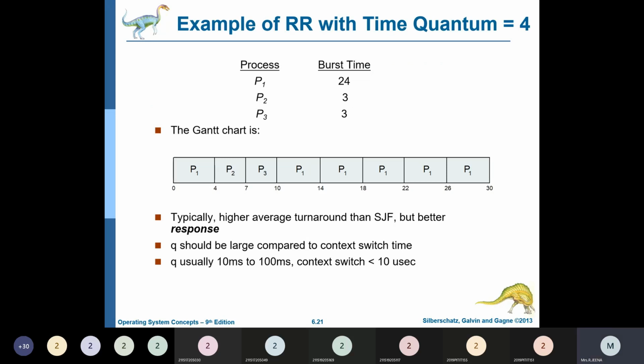For example, we have P1, P2 and P3, with burst times 24, 3 and 3. The time quantum given is 4 milliseconds. To represent this in the Gantt chart, P1 arrives first.